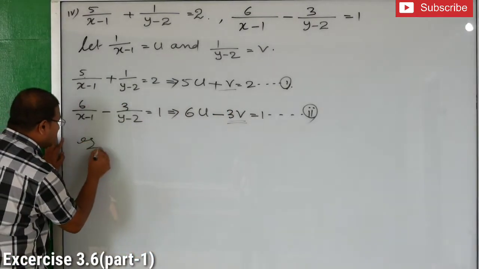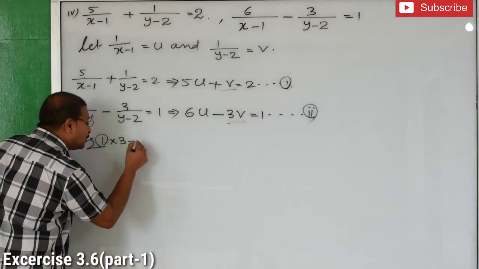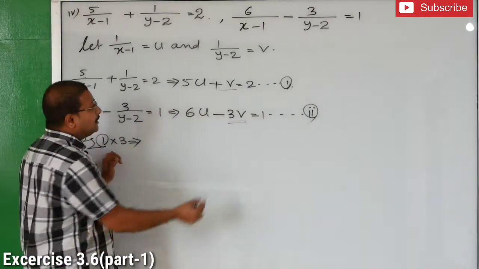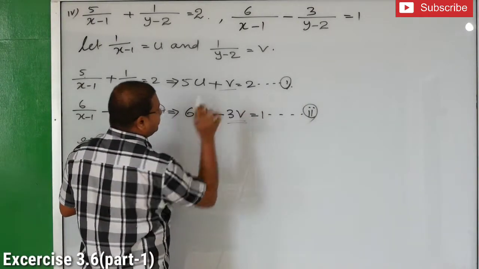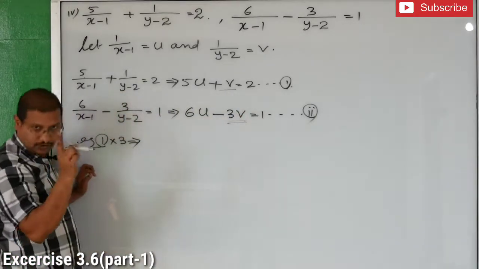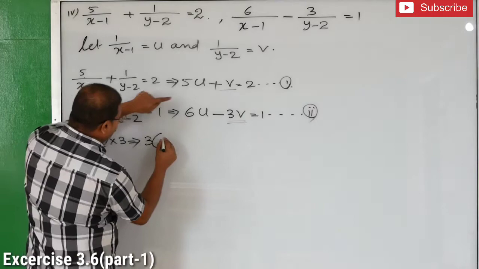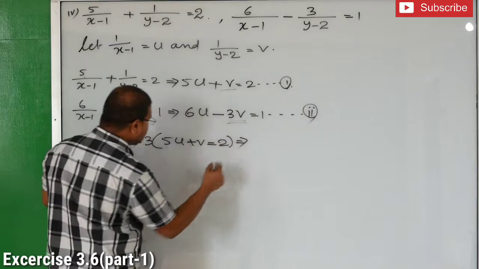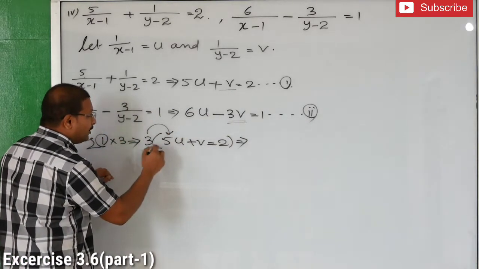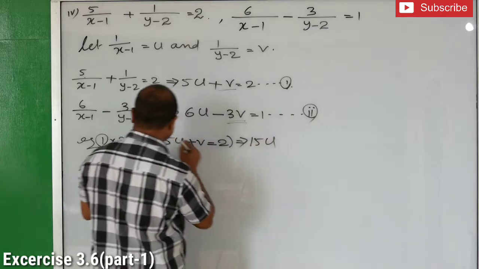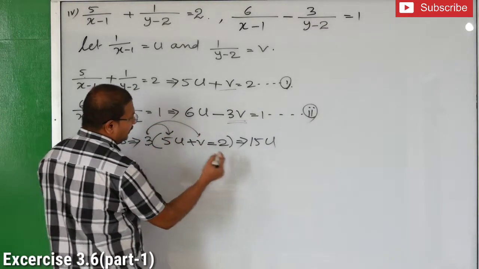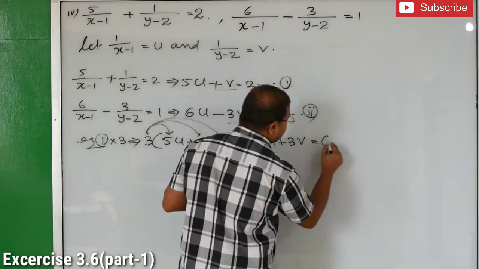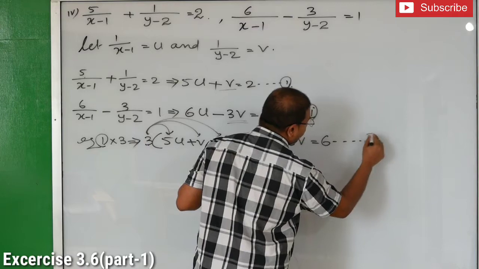That means equation 1 into 3 implies the first equation we are multiplying throughout by 3, then the coefficient of v becomes 3v. Then it will be easy to solve it. That means 3 into 5u plus v equals 2 implies, see, 5 into 3 or 3 into 5, 15u. Again, 3 into v, that is plus 3v equals 3 into 2, that is 6. This is equation number 3.